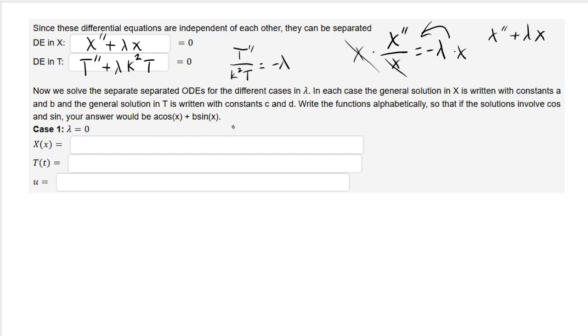Okay. So first of all, when lambda is 0, if you have X double prime plus 0 times X equal to 0, that simply means X double prime is 0. And then when you integrate both sides, you get X prime equals some constant. Let's call that a. And then you integrate both sides again, and you end up with X equals ax plus b.